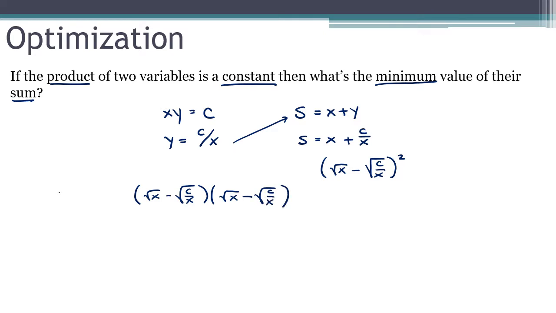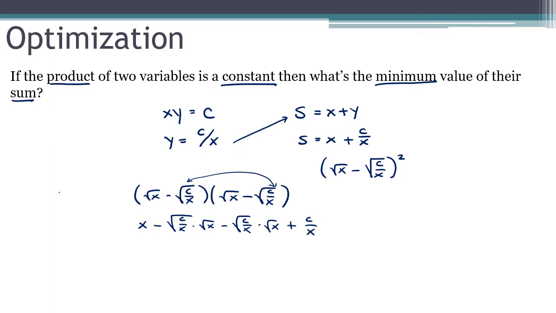And when we multiply this, the square root of x times the square root of x is x. Then we get minus the square root of c over x times the square root of x, twice, plus these square roots multiplied, that's just c over x.